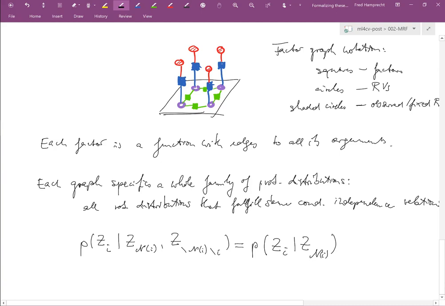So if I want to look at the conditional probability of this random variable given the states of all others, the only thing that matters are the variables that are connected in the factor graph with factors to this variable of interest.